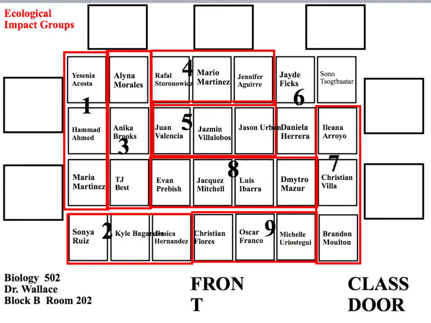So here are your groups. The sub also has a list of these groups. Take a minute to find yourself, and I drew a box around each group. Each group is going to consist of you and 2 or 3 people that sit around you. And this is based on the seating chart that we've been using for the last couple weeks.